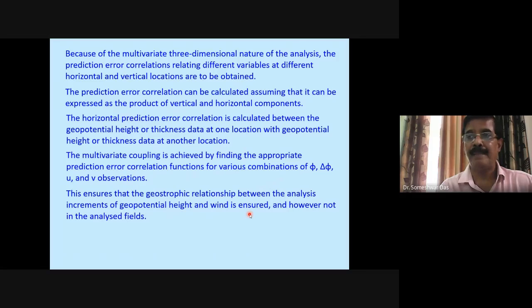It should not happen that by making all these calculations, mathematical and statistical expressions, the result that we get is not in geostrophic balance, which is otherwise in balance in reality. So that should not happen. In order to ensure that all the natural constraints, like geostrophic balance or whatever conservation laws, are all obeyed after all these calculations or the statistical analysis, we have to ensure that.